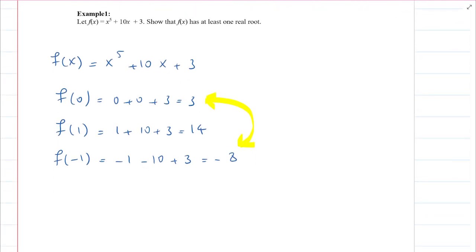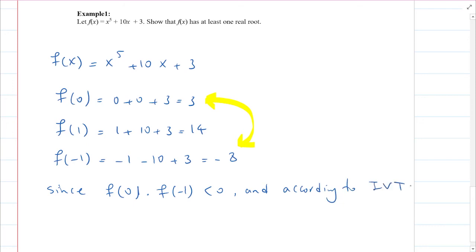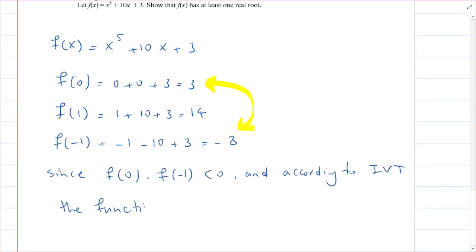So since f of 0 times f of -1, if I multiply those two values, I get a negative value. And according to intermediate value theorem, because I got two opposite signs, the function f of x has at least one root on -1 and 0.